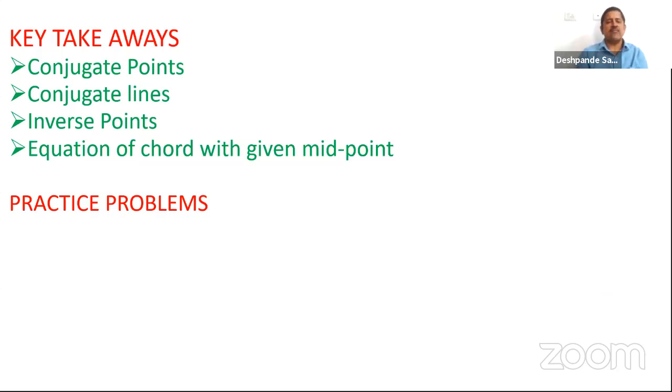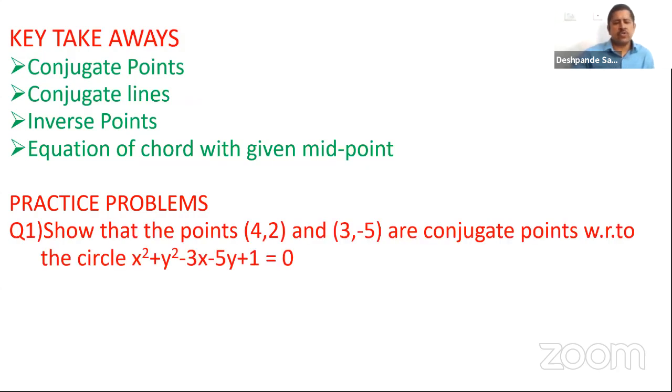So with this, we'll be able to complete the first 4 exercises of the circles. So let us try to solve some problems based on the concepts. Show that the points are conjugate points with respect to the circle. So you got x1 x2 plus y1 y2 plus g times x1 plus x2 plus f times y1 plus y2 plus c.